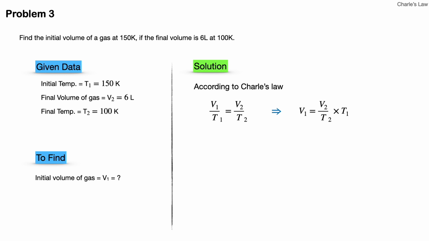Now we simply insert values. V2, the final volume, was 6 liters, the final temperature is 100 Kelvin, while the initial temperature was 150 Kelvin. By doing the calculations, we get our volume as 9 liters.